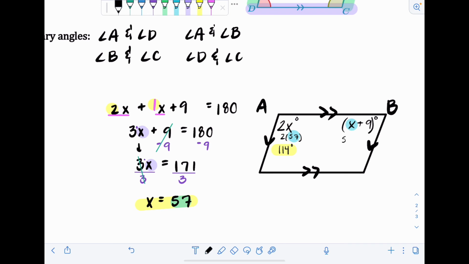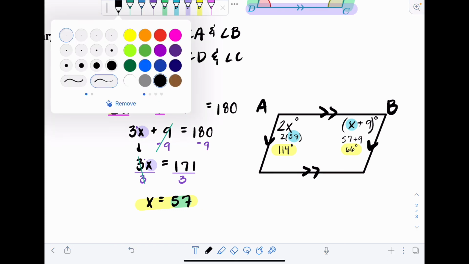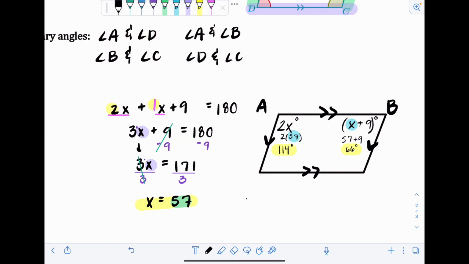So that would be 57 plus 9, which is 66 degrees. So the measure of angle A would be 114 degrees, and then the measure of angle B, oops, sorry, I got a little ahead of myself, equals 66 degrees.